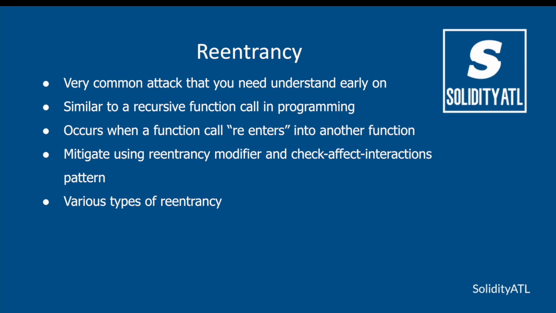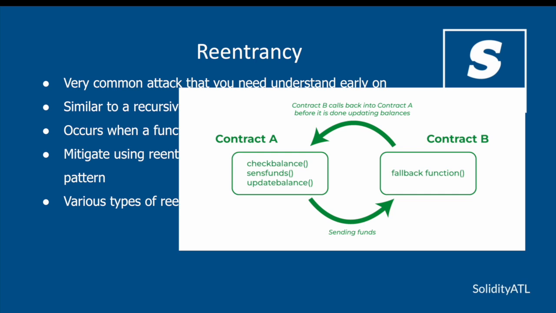Highly suggest you use OpenZeppelin's reentrancy modifier and use the check effects interaction pattern. Again, we'll go into detail on how that works, but the check effects interaction is essentially like this. We have our check interaction effect, but we would do our check effect, which will update the balances, and then we would send funds. So this is check interaction effect, and we would change it to check effect interaction.